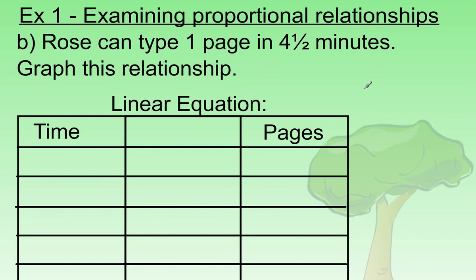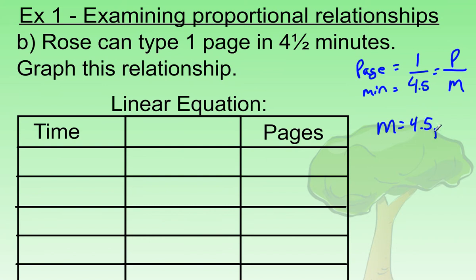So we have pages and minutes. 1 page in 4.5 minutes, and that number of pages in that number of minutes. Cross multiply these things out gives us 1 minute equals 4.5 pages. This is our little equation that represents the scenario.